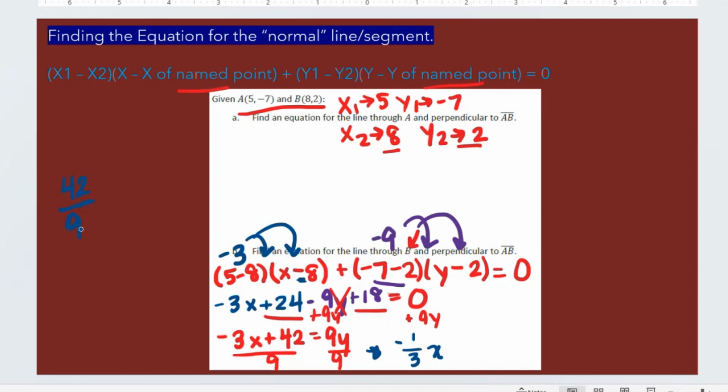So I'm going to think again of numbers that go into both of them. 3 goes into both of these again. 42 divided by 3 is 14. And 9 divided by 3 is 3. So I'm going to leave it as that improper fraction. So plus 14 over 3 is going to equal y. And that is the equation for our normal or perpendicular line.